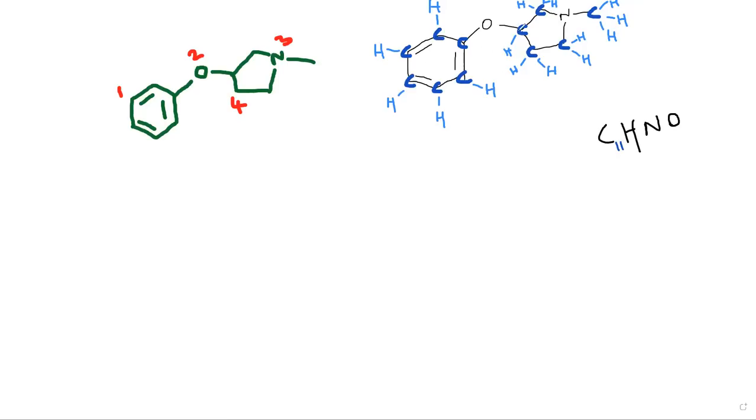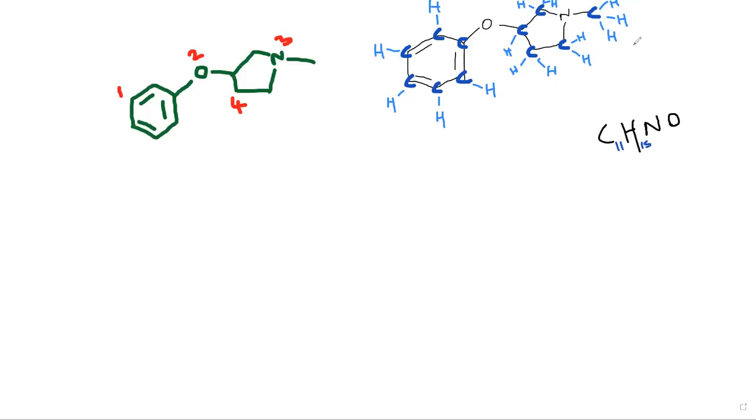Let's count again: 6 plus 5. So when it comes to hydrogen, we have 1, 2, 3, 4, 5, 6, 7, 8, 9, 10, 11, 12, 13, 14, 15 hydrogens.